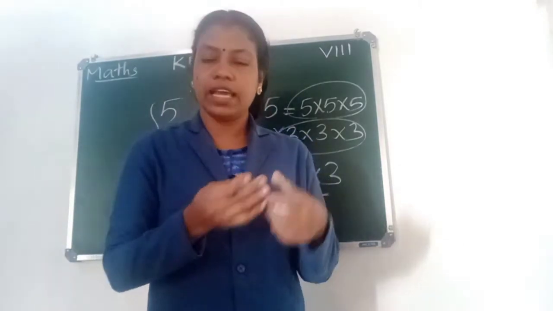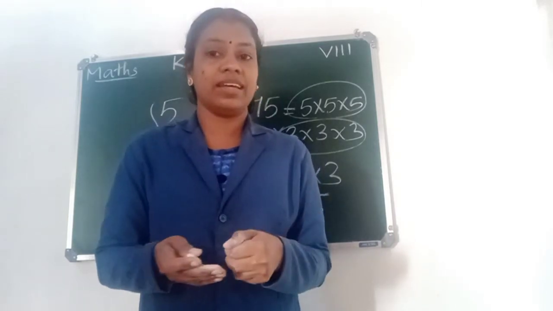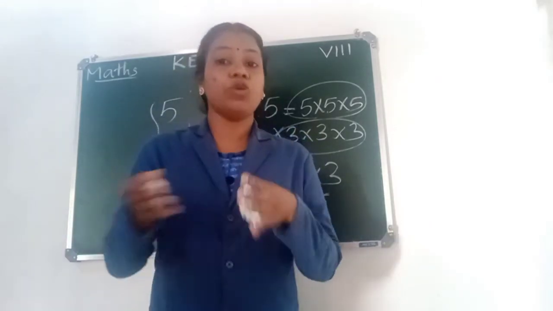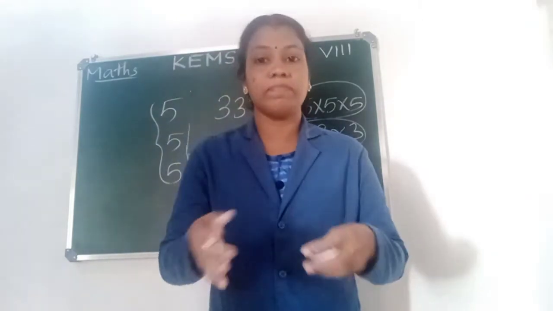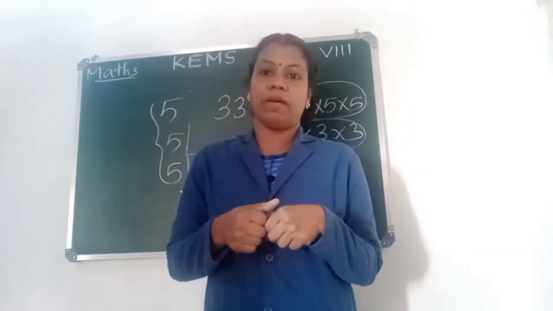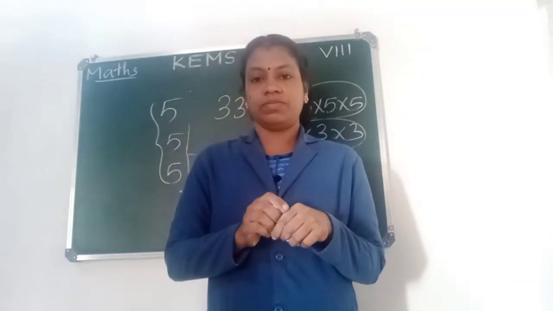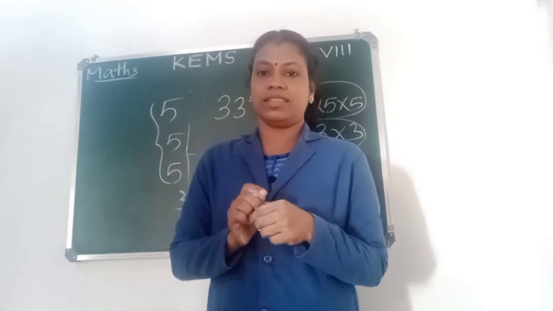Same method, prime factorization method. Here we group the numbers as triples, and from each triple take one number and multiply to get the cube root. Okay, clear? Yes.